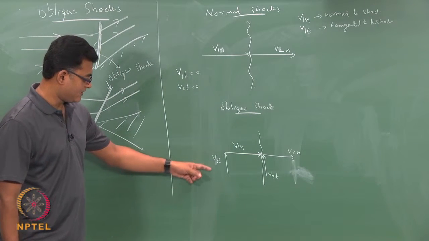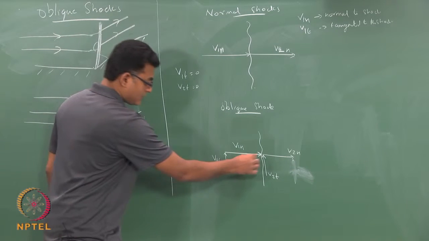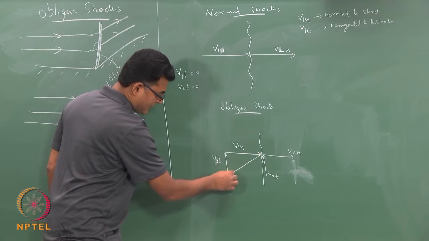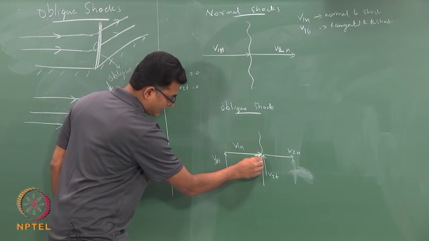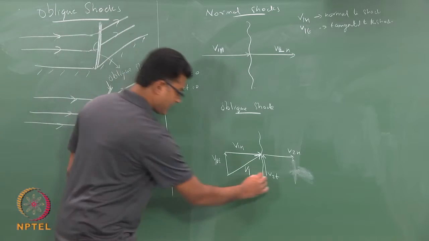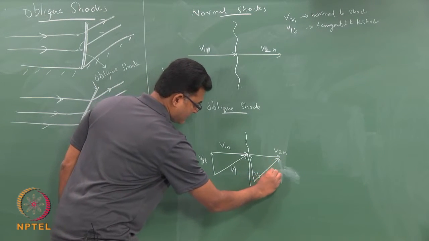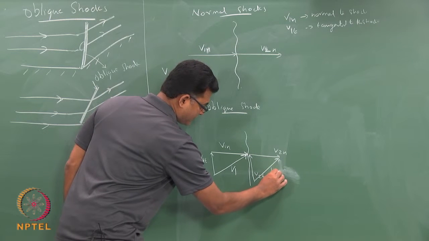So if I have a V1t added to this particular component, then the resultant velocity would be at an angle like this, and here again I have something at an angle, V2.